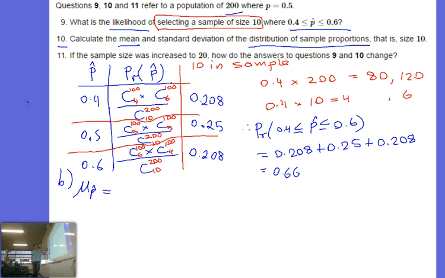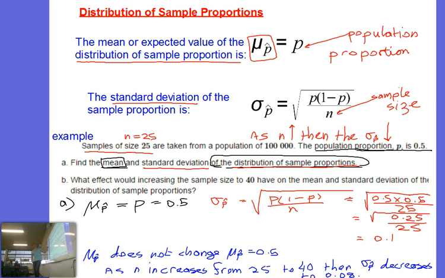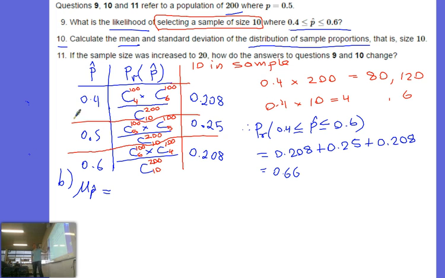We're looking for this idea. There's the distribution of the sample proportion. So the mean or the expected value of the distribution of sample proportions is the population proportion, P. It's the actual proportion, the true proportion about the population that we're looking at. Not just the sample, but the actual population itself, which is 0.5.